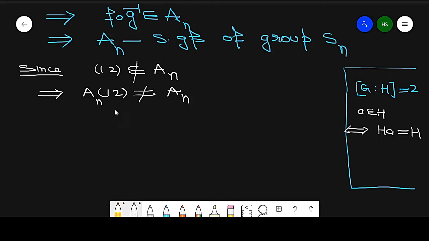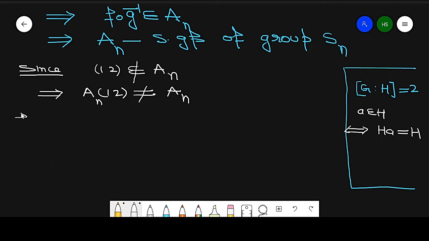So basically they are cosets of An. Now there are two cosets. So if we prove the even permutations go to this An and odd permutations go to this set, then there are only two cosets of An in Sn. One is An and second is An(1 2), right? So we prove this for every permutation.